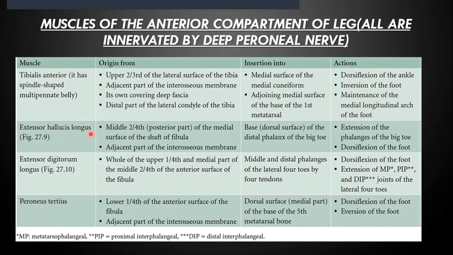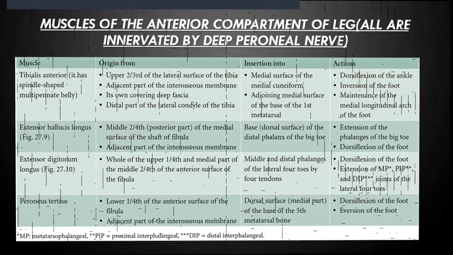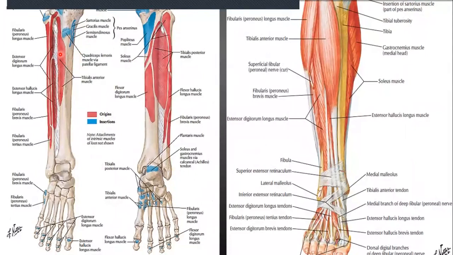Extensor hallucis longus. Maybe first we look at the origin of tibialis anterior. You can see this is where tibialis anterior originates: the upper two thirds of the lateral surface of the tibia, and from the interosseous membrane, and also here, the distal part of the lateral condyle of tibia.